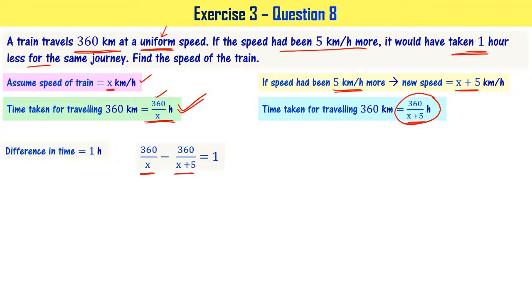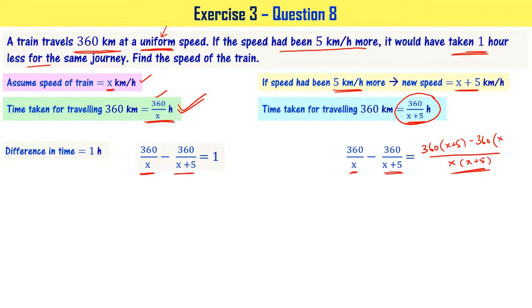For that, let me first simplify the LHS. The denominator of the LHS can be written as x times x plus 5, right? Now let me write this 360 as is. When you divide this x times x plus 5 with this x, what you have is x plus 5, right? Now let me write this minus 360 as is and divide this x times x plus 5 with this x plus 5.